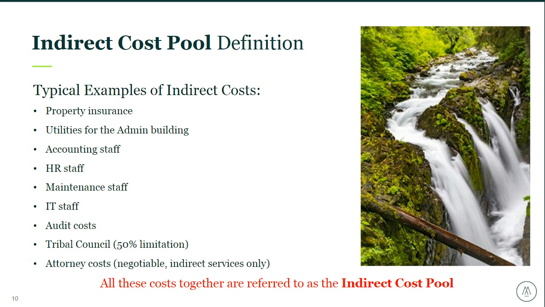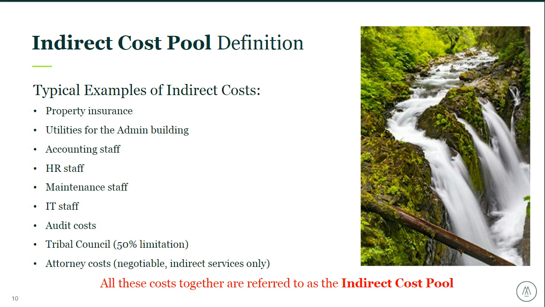And so you'll see things here like property, insurance, utilities, a lot of your key support staff throughout the government, whether that's accounting, human resources, maintenance, IT. Audit costs are of course allowed to be included in that allocation. Tribal council costs can be allowed up to 50%.